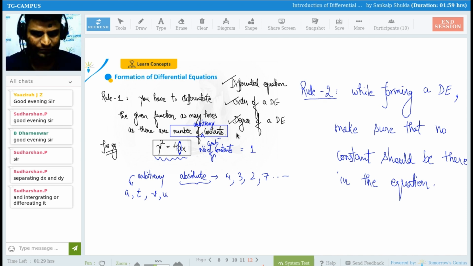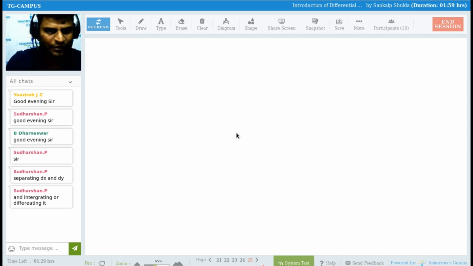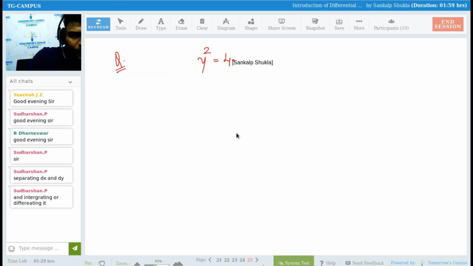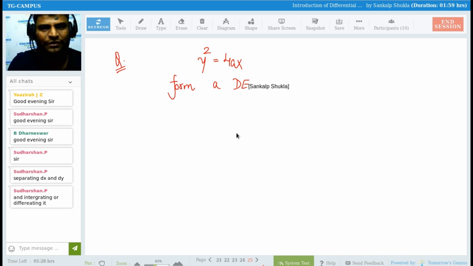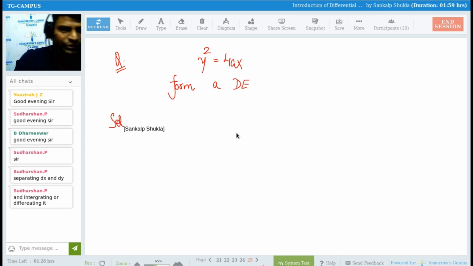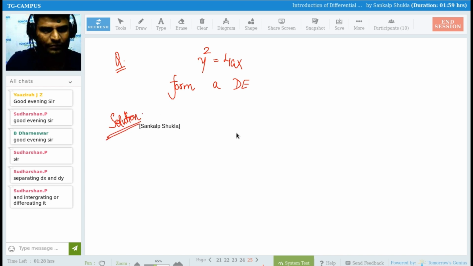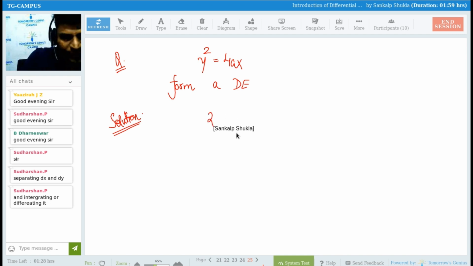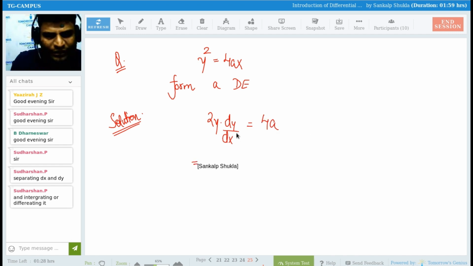Now I'll give you one question, okay? So we'll see how this question is done. For example, the question is the same curve, y² = 4ax. Form a differential equation. This is the question. Okay, so what is its solution? So first of all, differentiate it. So it will become 2y dy/dx = 4a, right? Now what is the value of a?